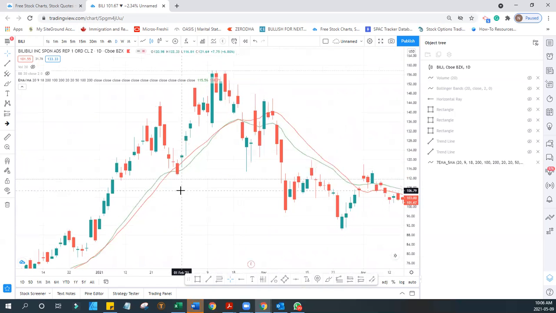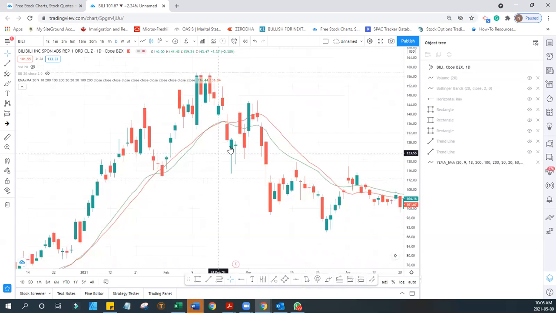Even when the price started falling, the EMA was with the price and the SMA came late.